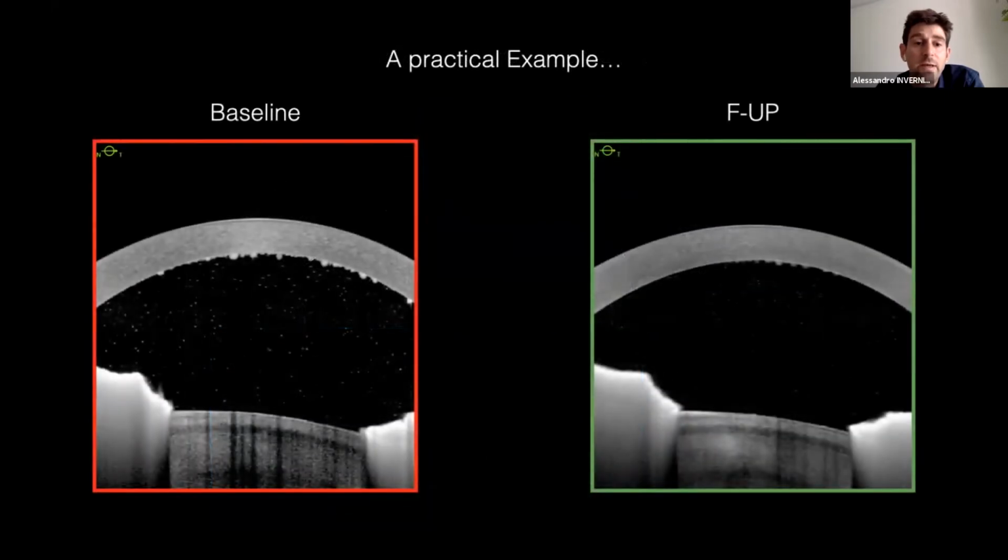This is just an example of one of our patients. You see that there are a lot of cells in the anterior chamber floating around, and we see granulomatous keratic precipitates at baseline. And then this is a week after starting the treatment, and you see that both the keratic precipitates and the cells are decreasing in number.